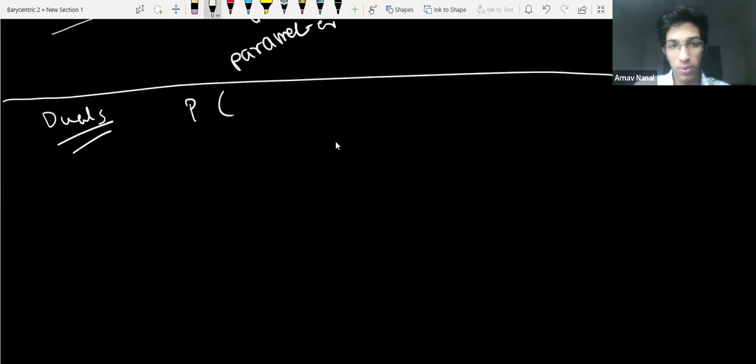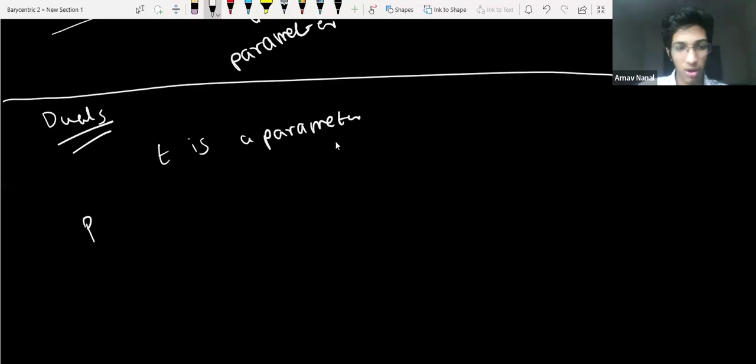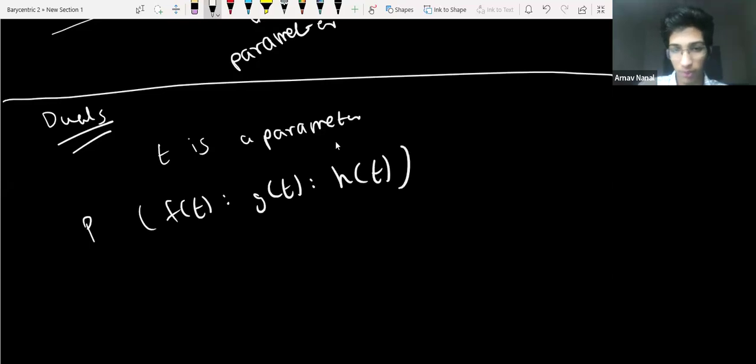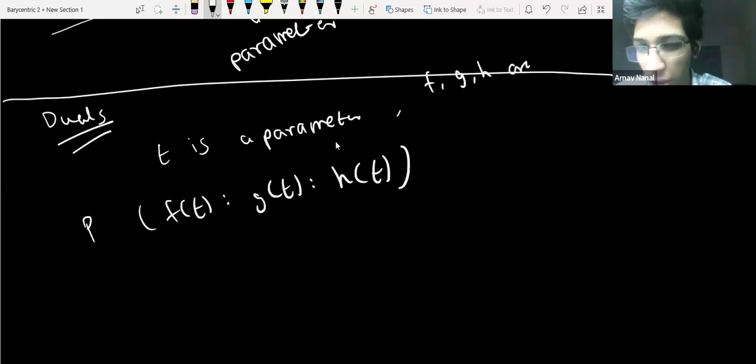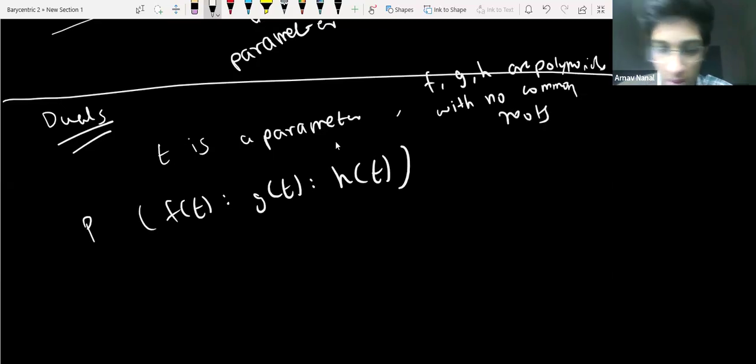So for example, any point P you can write as f(t) : g(t) : h(t), where t is a parameter, and f, g, h are some functions, or basically polynomials, let's say for now, with no common roots.